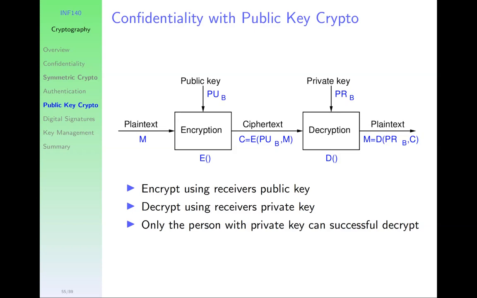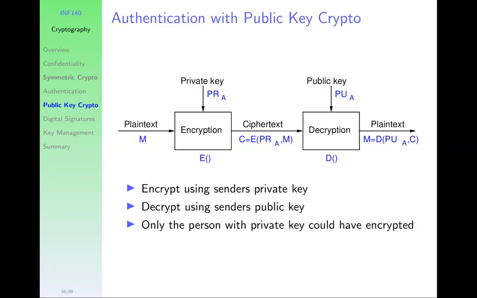Ideally, the output of this decryption algorithm should be the original message if everything works fine. In this case, you see the ciphertext cannot be decrypted by others and cannot be readable by others. So this is how we can protect the confidentiality of the message M.